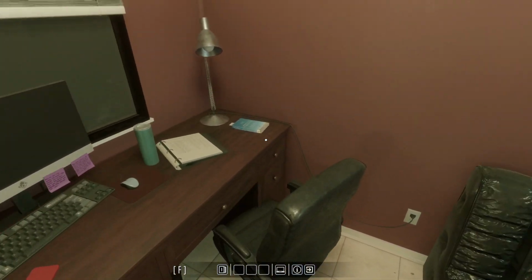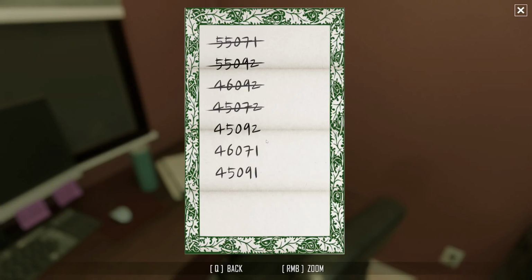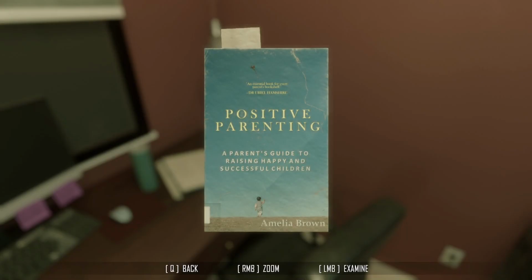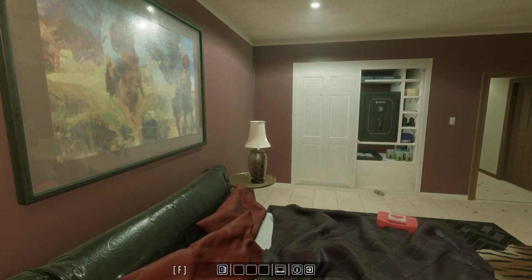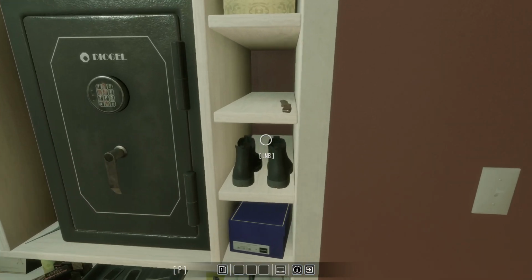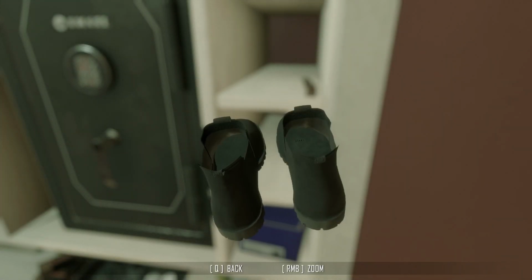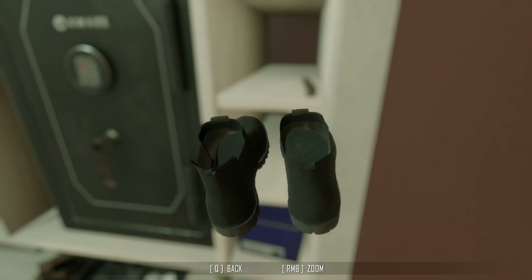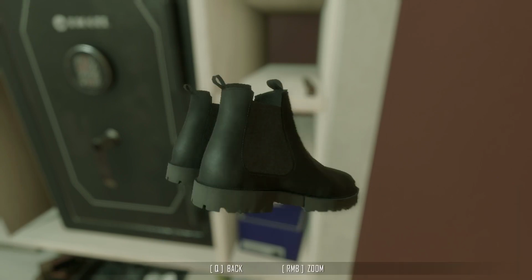2, 5, 4, 0, and 9. So these are safe codes. So, wait, what? Okay, let's take a picture, just in case.